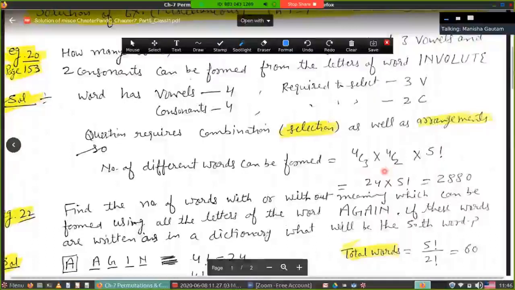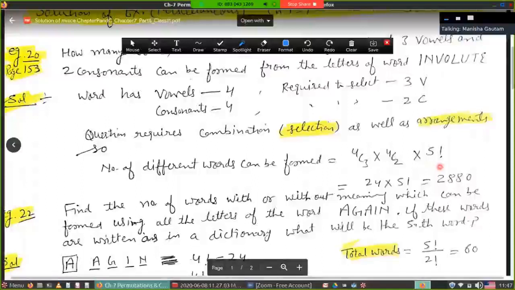When you are making the arrangement of the individual vowels and consonants, you are multiplying by 5 factorial, because 5 places are there which you have to fill. So 4C3 into 4C2 multiplied by 5 factorial, because individual arrangement matters here also.